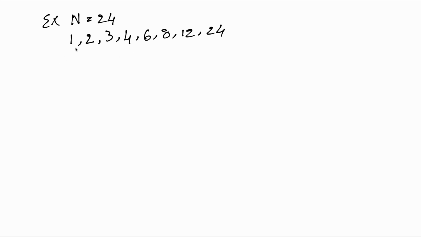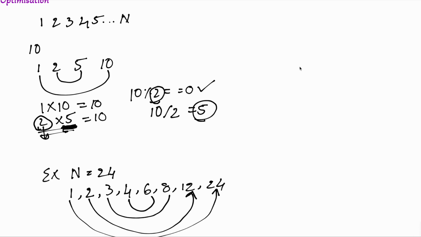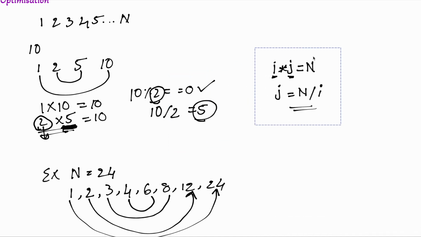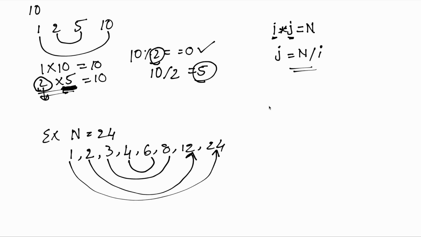Here, if we see, 1 multiplied with 24 is 24. This becomes a pair. 3 and 8 becomes a pair. 4 and 6 becomes a pair. We already saw this, right? If i multiplied by j is equal to n, j is equal to n divided by i.